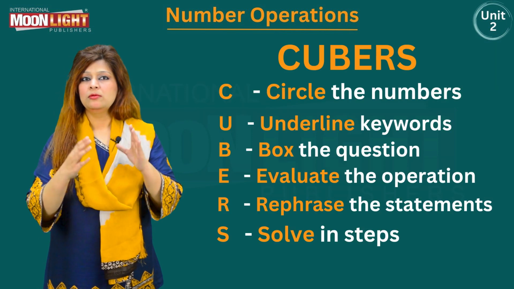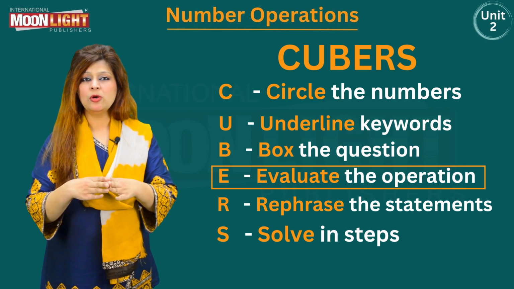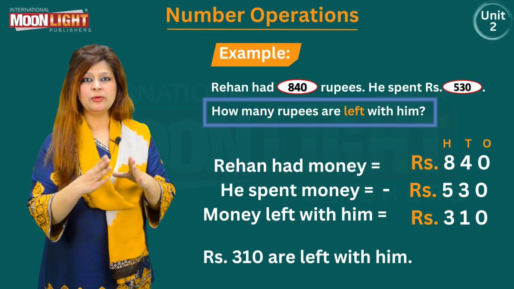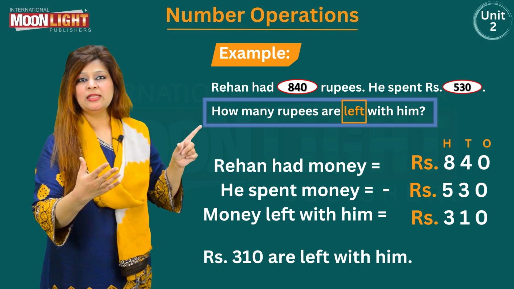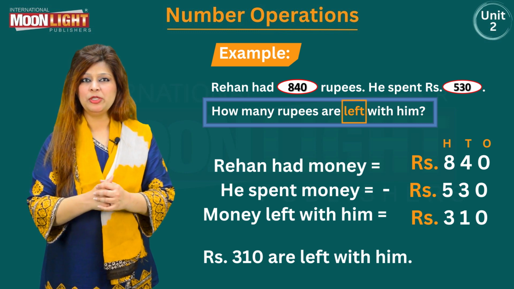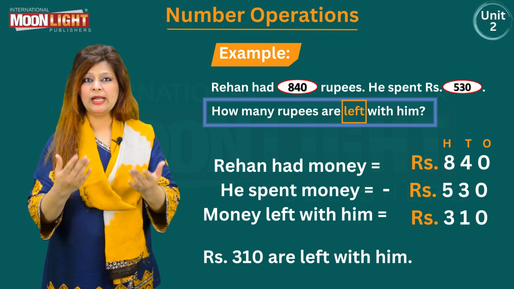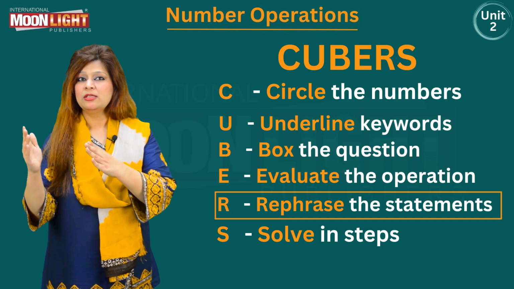Now what is next? E, evaluate the operation. Here in the boxed question, you can see that the word is left, which is there in the subtraction keywords, if you remember. So this means that we are going to do subtraction. Next is R, rephrase the statements.